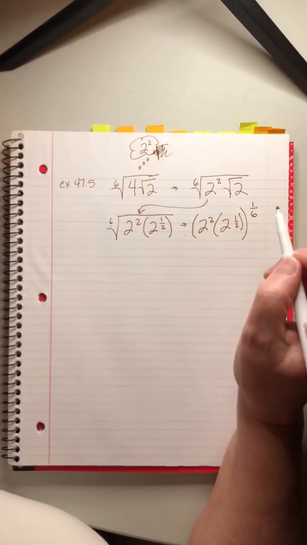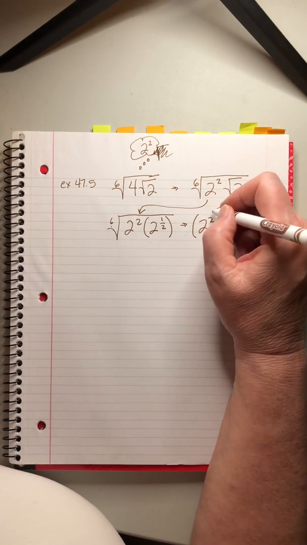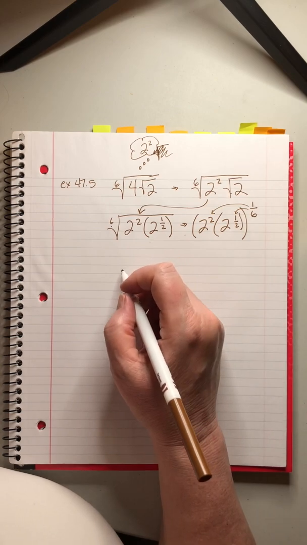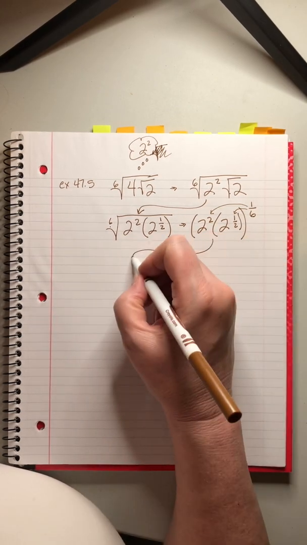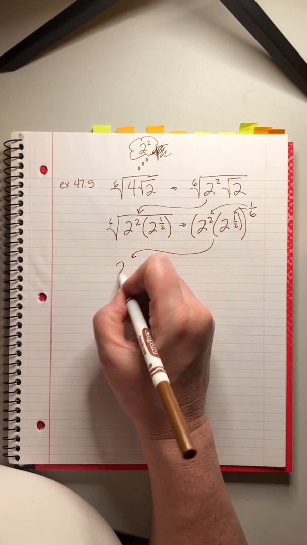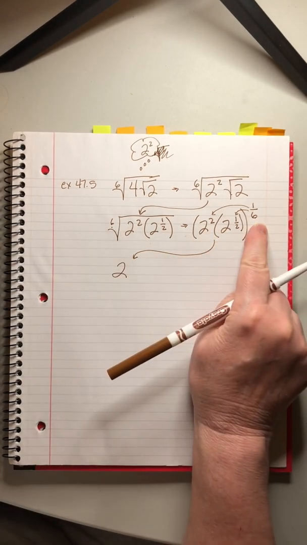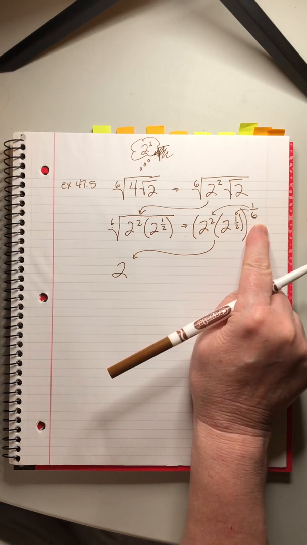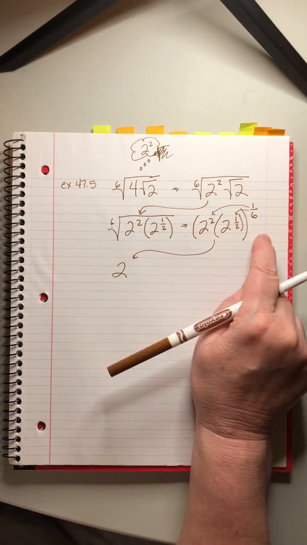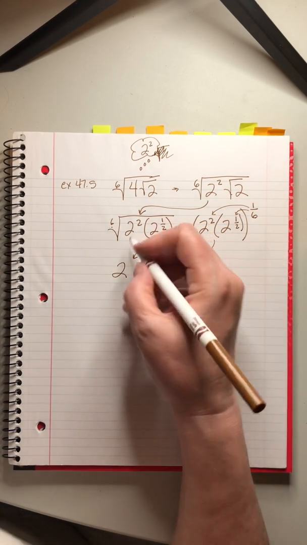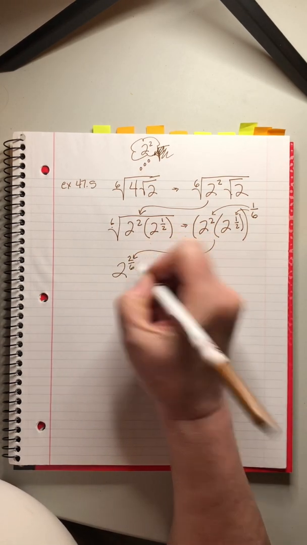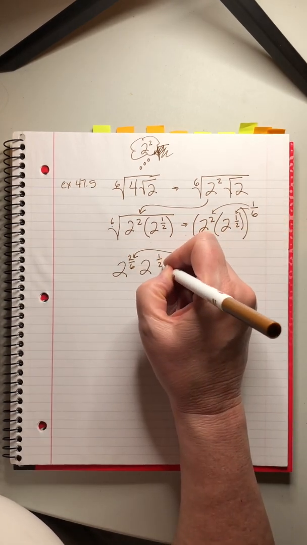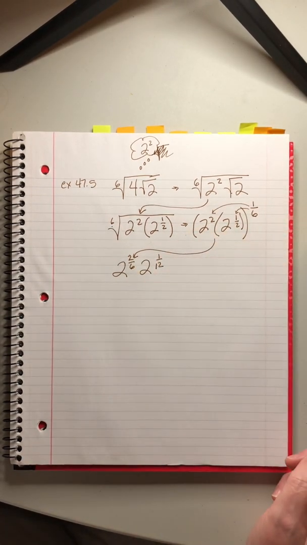Okay, beautiful. We're ready for the power rule, which is multiplying. And we get 2 to the 2/6, I'll just leave it as 2/6. And then this becomes 2 to the 1/12, right?